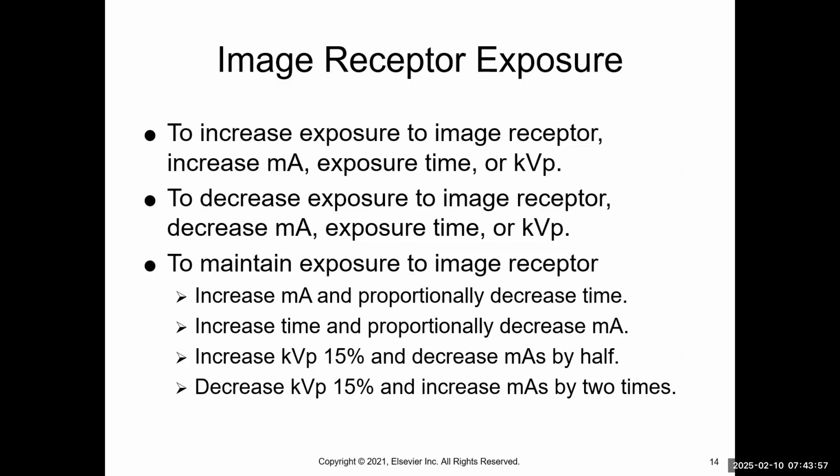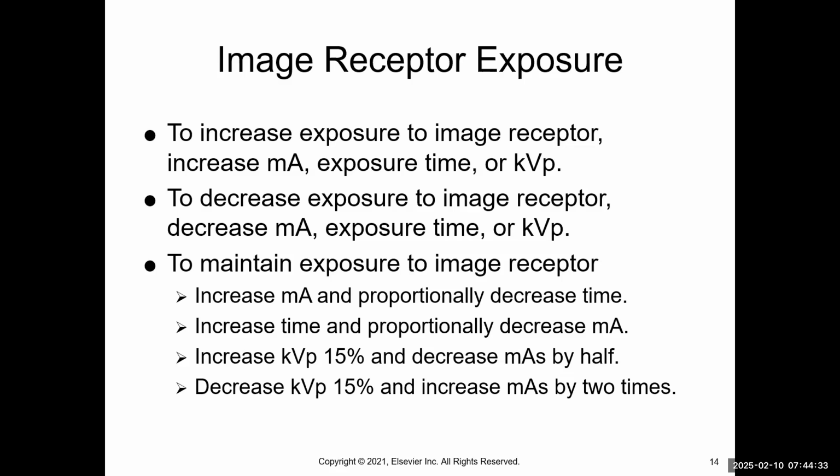Decreases in MA, exposure time, or kVp decrease receptor exposure. To maintain exposure to the IR, if you increase MA, then you would decrease time. That is the reciprocity law formula, meaning there's multiple combinations that can give you the same mass. If you increase time and proportionally decrease MA, that again will give you the same mass, so it would give you the same image receptor exposure.